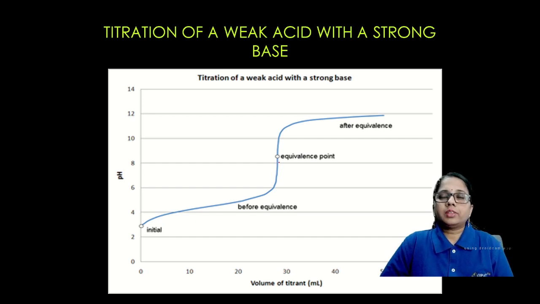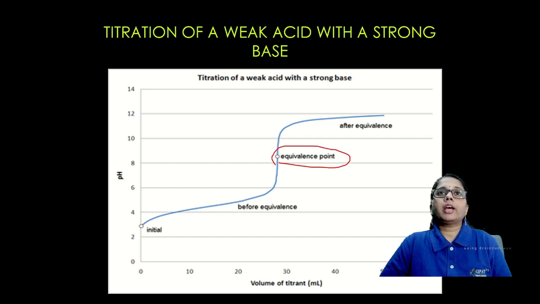Afterwards you are going to see the equivalence point, that means the stoichiometry of the reaction has been completed. The number of analytes are neutralized by the hydroxyl ions present in the NaOH. Okay, so at this equivalence point the stoichiometry has been completed. Afterwards, due to the presence of the indicator, you are going to see the end point of the titration.